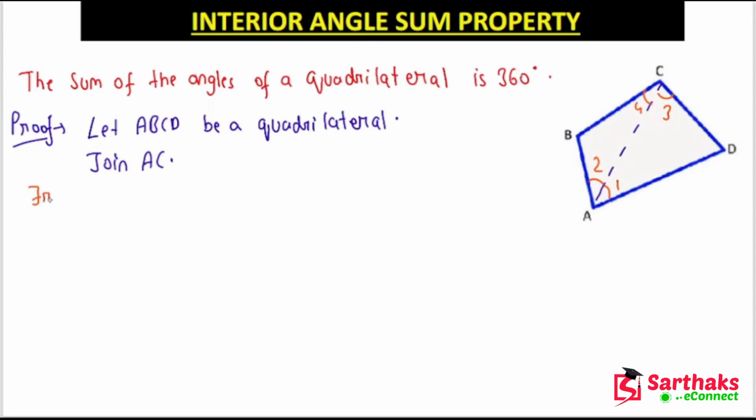From construction, we have angle A is equal to angle 1 plus angle 2. Similarly, angle C is equal to angle 3 plus angle 4. Okay, so these were the angles. Now we know that the sum of all interior angles of a triangle is 180 degrees.